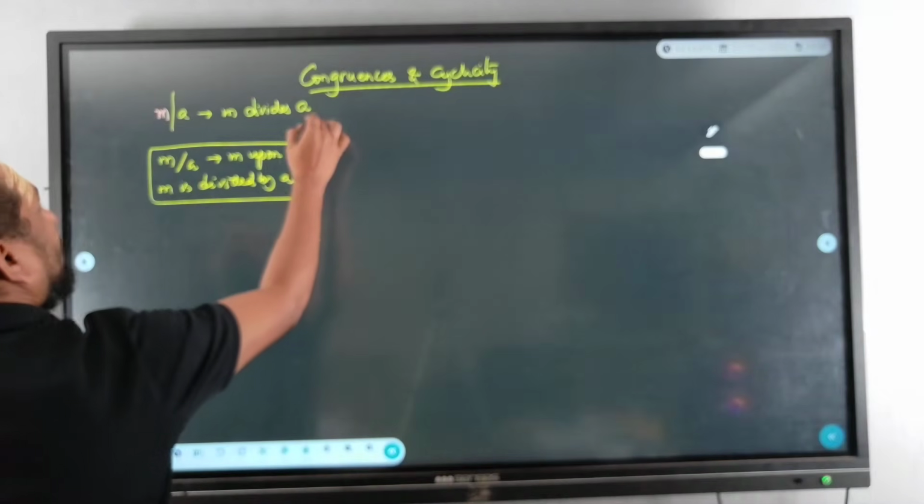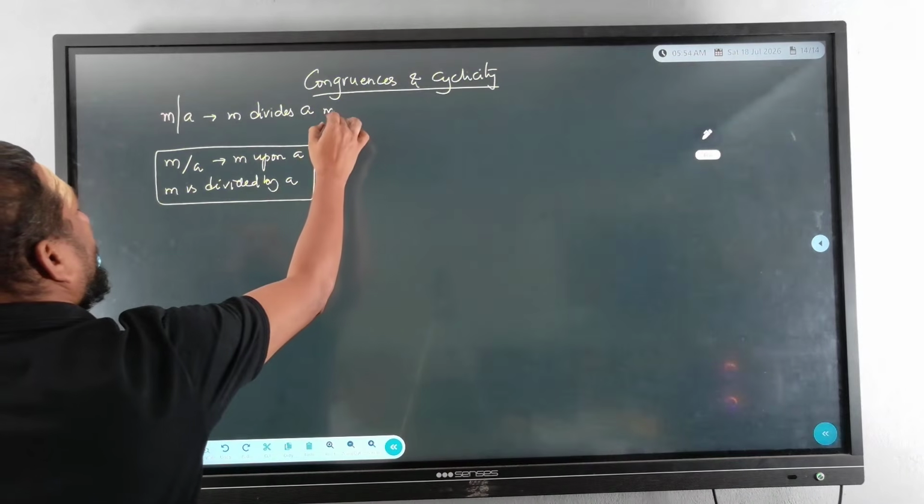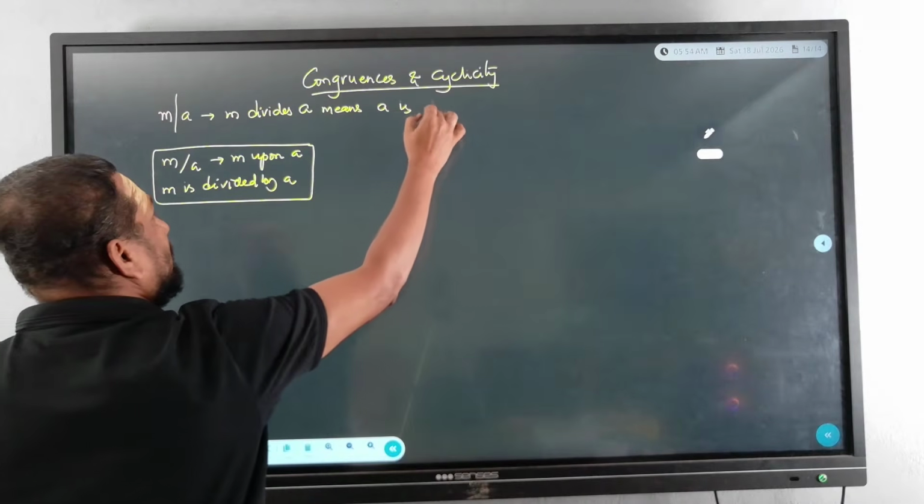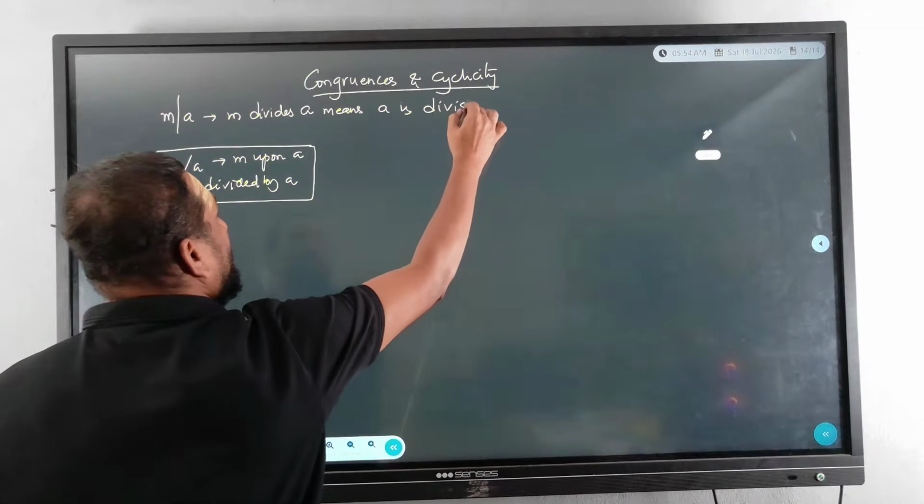But m divides a means a is divisible by m.